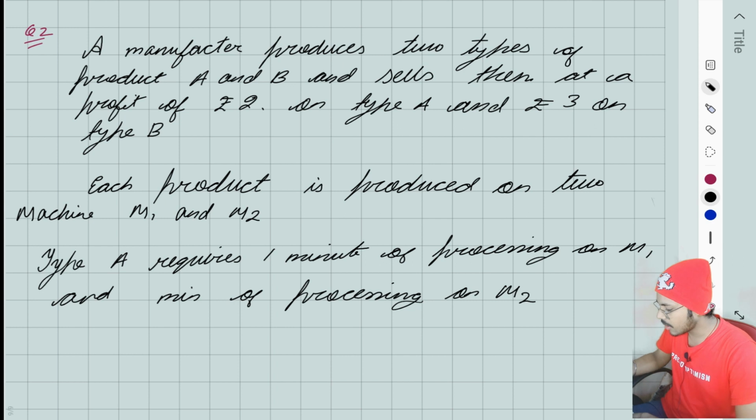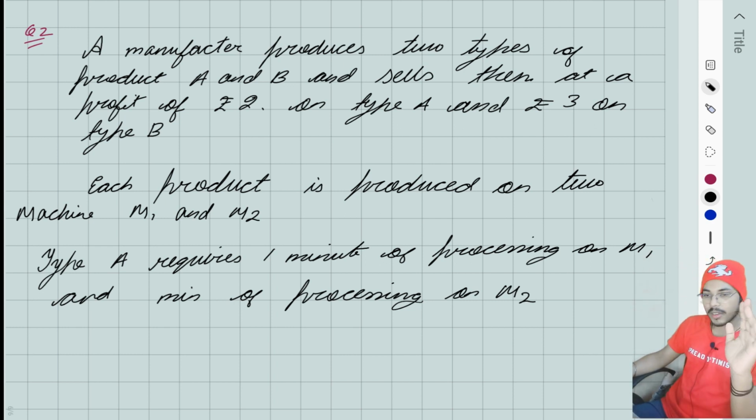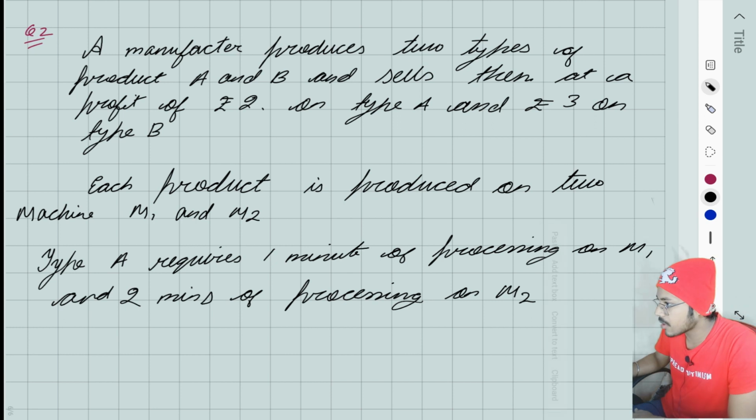Sorry guys, it is 1 minute of processing on M1 and 2 minutes of processing on M2. It is for type A. Now you have to write for type B as well.